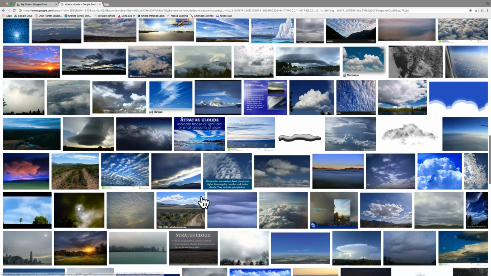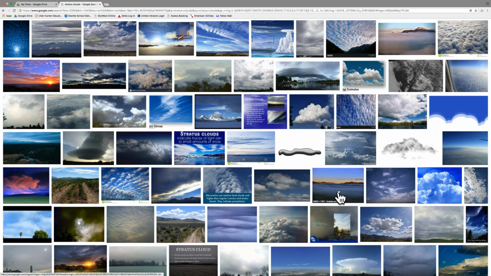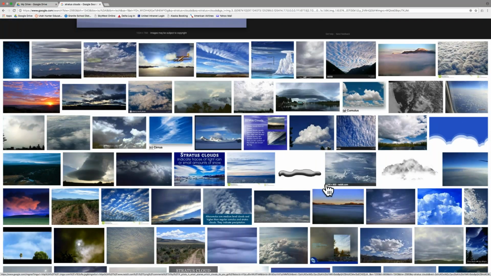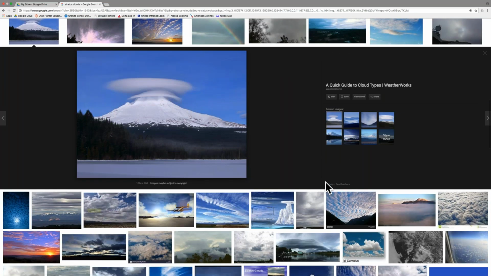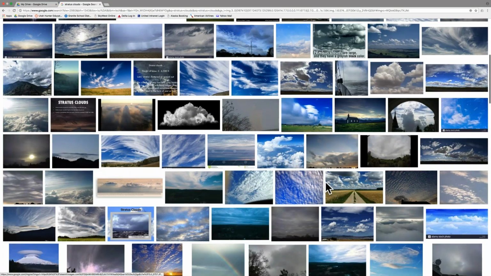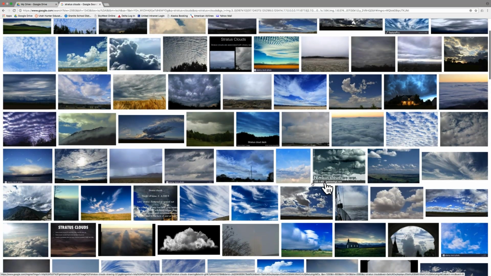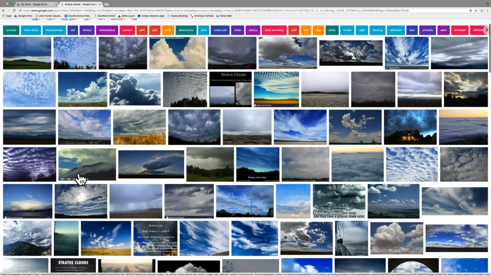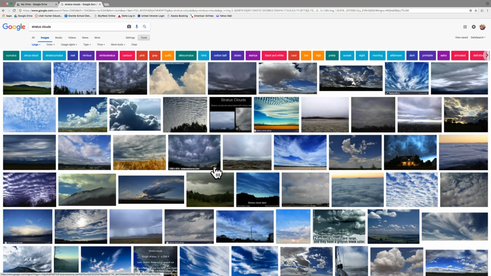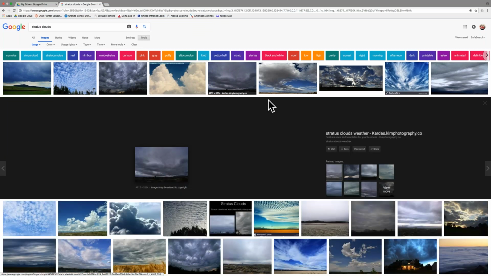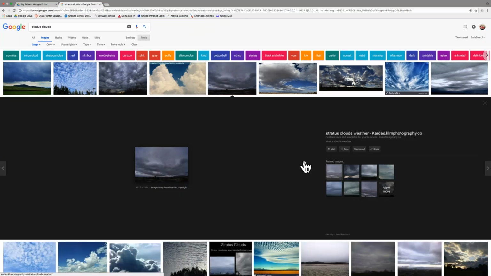We'll talk about those too. But you guys get the point, right? It's kind of a nondescript, low layer of clouds like that.